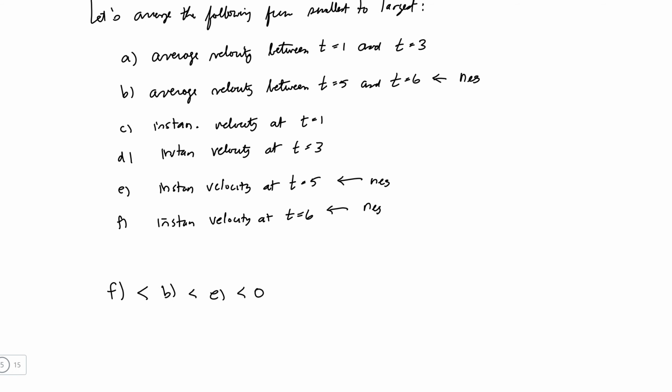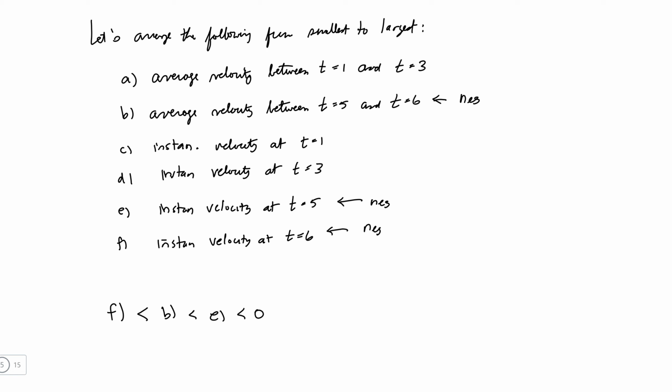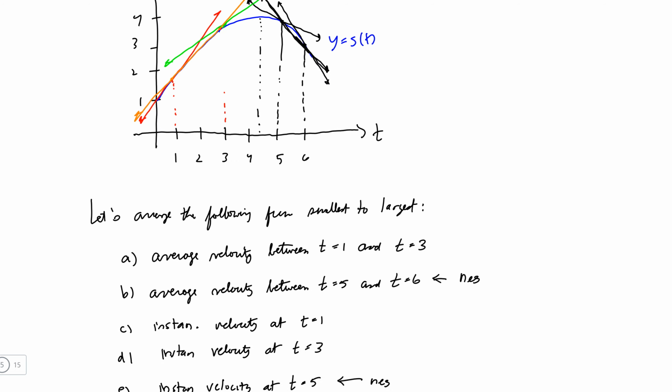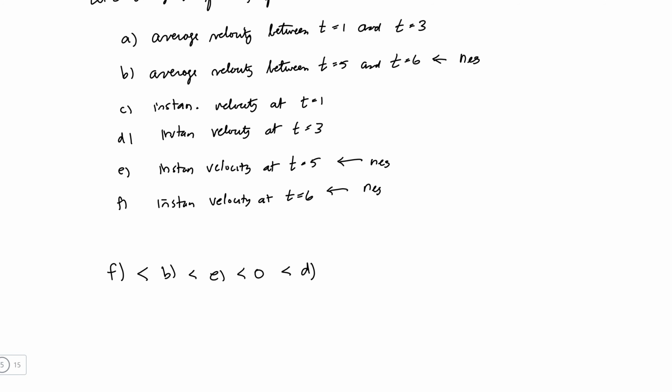So if we go down here and fix this, the next one should be the instantaneous velocity at t equals 3, because that was the somewhat flat green line.